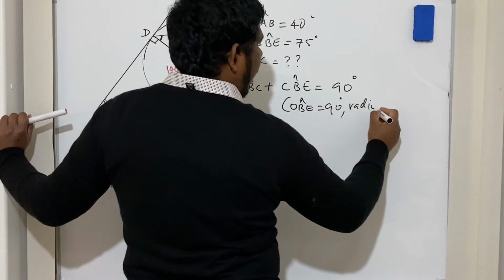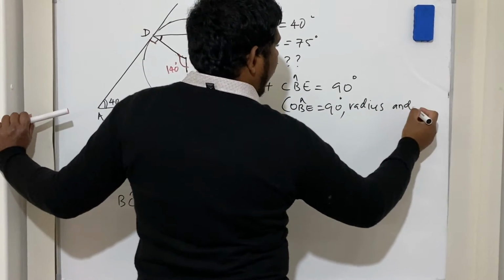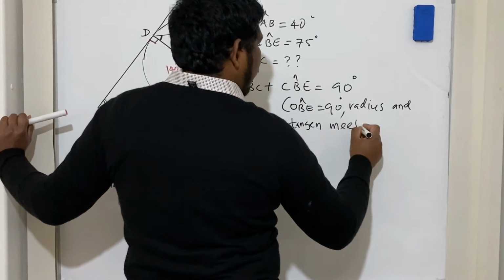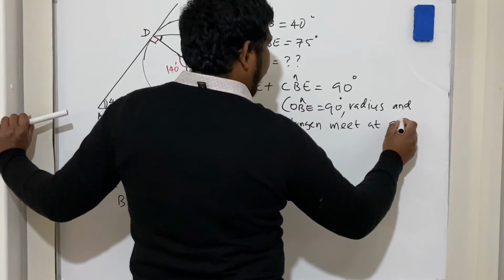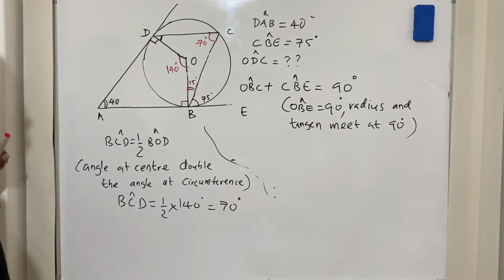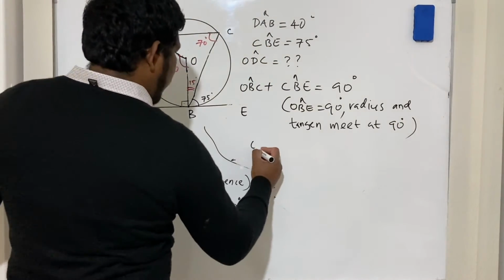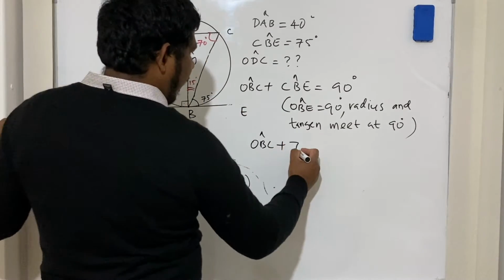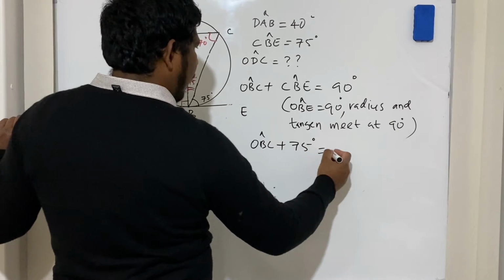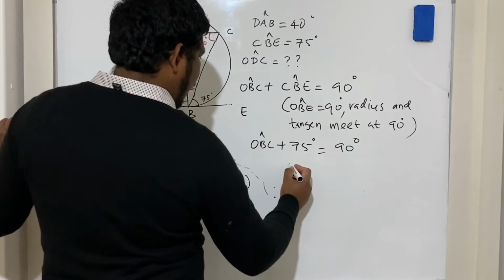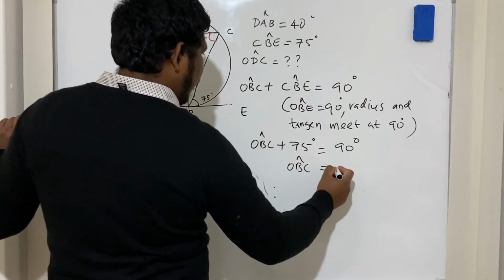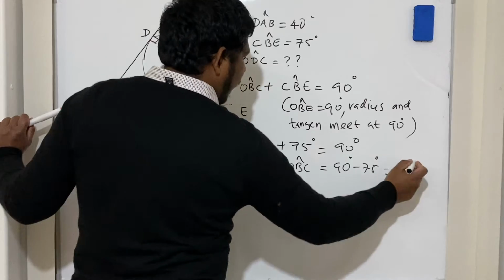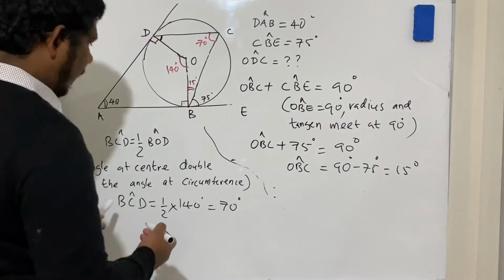Radius and tangent meet at 90. So angle OBC plus angle CBE is 75, we know that, equal 90. So angle OBC is 90 minus 75, so it's going to be 15 degrees. So this is 15 degrees.